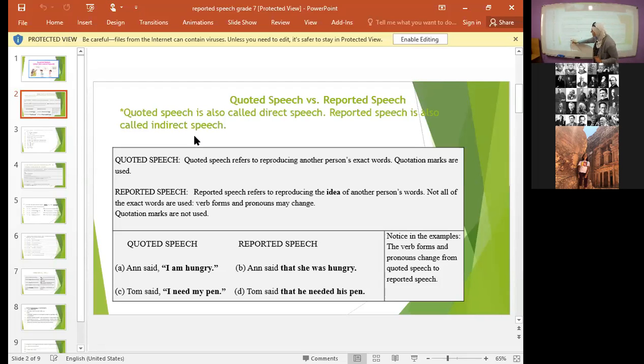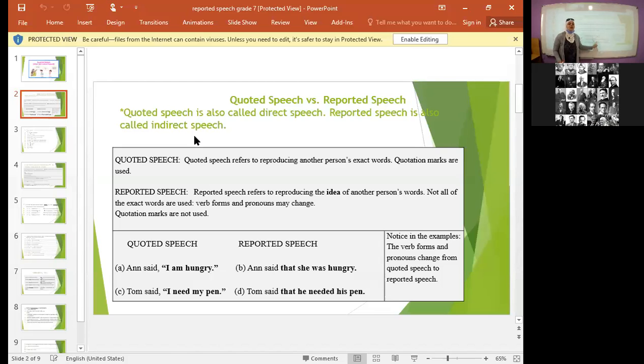From this I, I changes into she. Ms. Rehan said, do I change it into she all the time? No. If here I have Anne, with Anne, we change I into she. If we have Ahmad, what do I change? He. Yes, we use he. Okay, if I have Ali and Ahmad said, they. We change it into they.